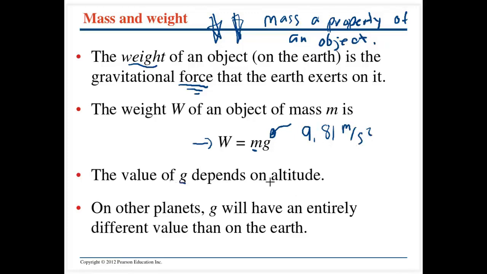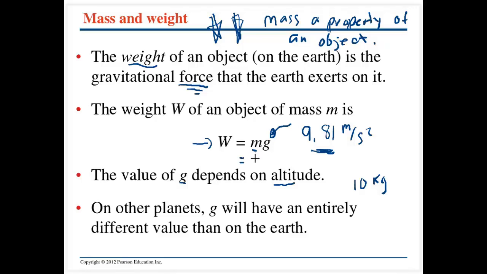Now, in reality, the value of g depends on altitude. We'll go into that in a couple of chapters when we talk about Newton's law of gravitation. For right now, say gravity is equal to 9.81 meters per second squared. Now, something to keep in mind is if you have an object with some mass, let's say it's 10 kilograms, we can calculate the object's weight.